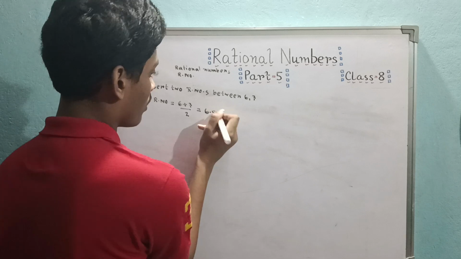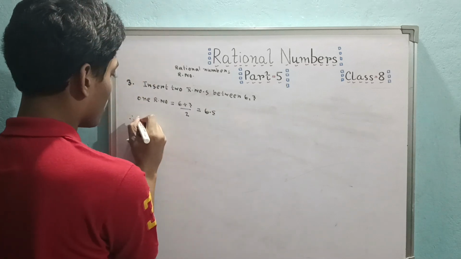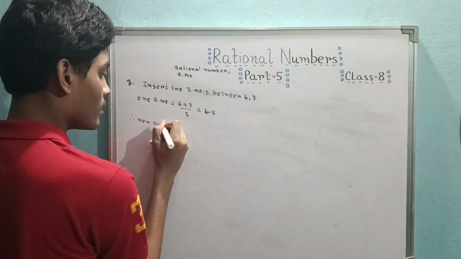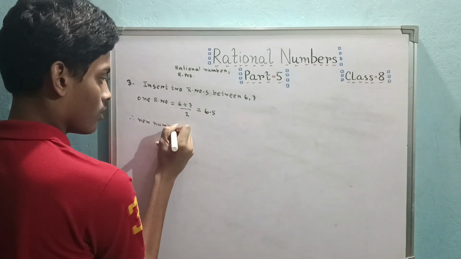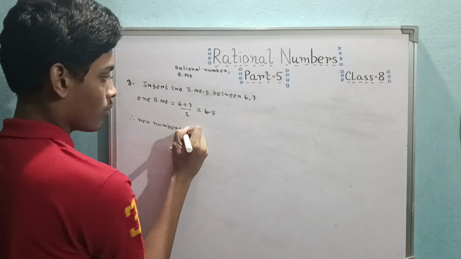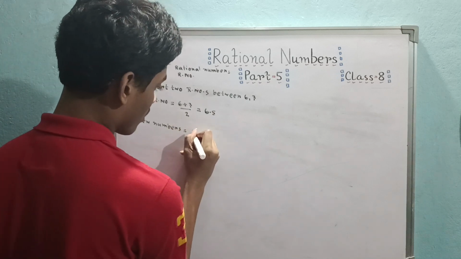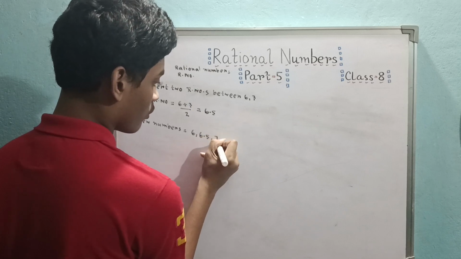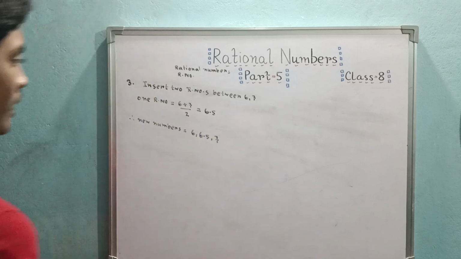Okay. Therefore, the new numbers are 6, then 6.5, then 7. So one number is inserted. What about the next?